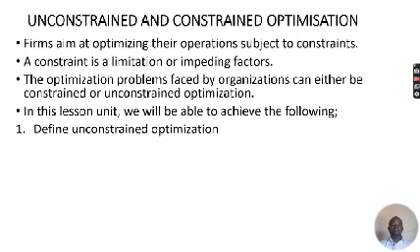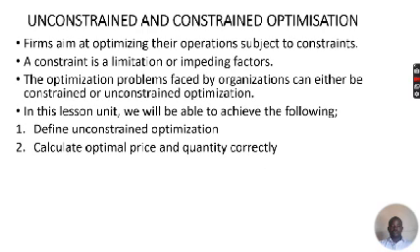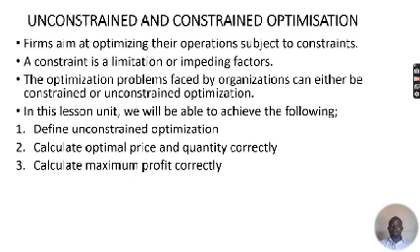Number one, we'll be able to define unconstrained optimization and constrained optimization correctly. Number two, we'll be able to calculate optimal price and quantity correctly. Number three, we'll be able to calculate maximum profit correctly.